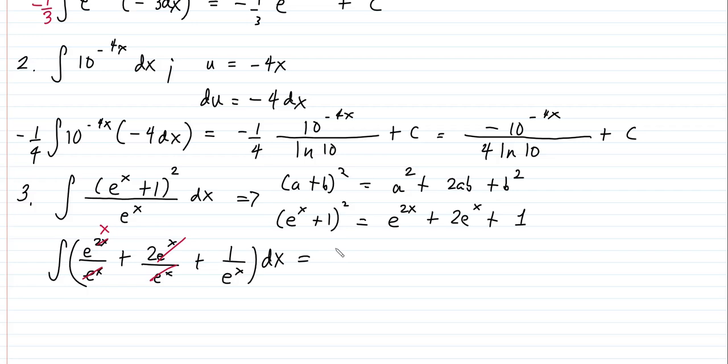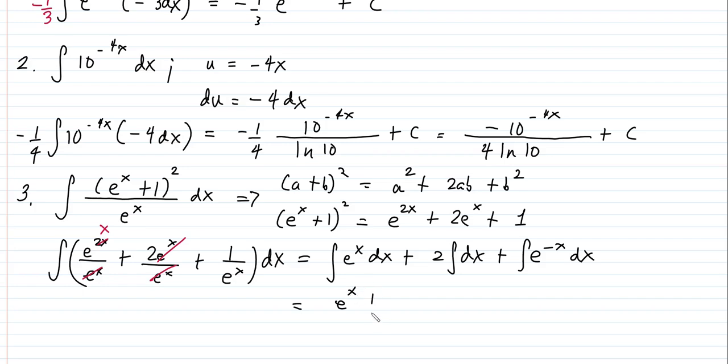So you will have three integrals: the integral of e raised to x differential x, plus 2 times the integral of differential x, plus the integral of e raised to negative x differential x. Here, this is very simple.